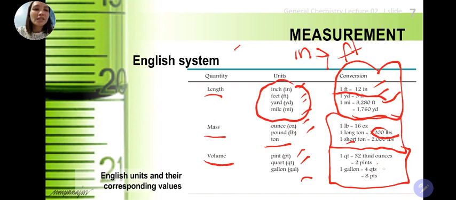Then 1 gallon is equal to 4 quarts or 8 pints. Ito yung mga shortened versions nila. Pint is pt, quart is qt, gallon is gal. So for length, ito yung mga titingnan natin: inch, feet, yard, and mile.